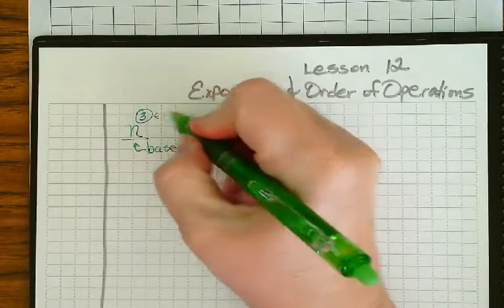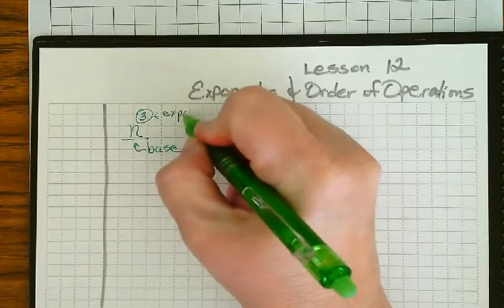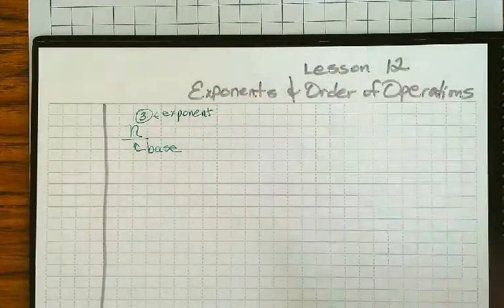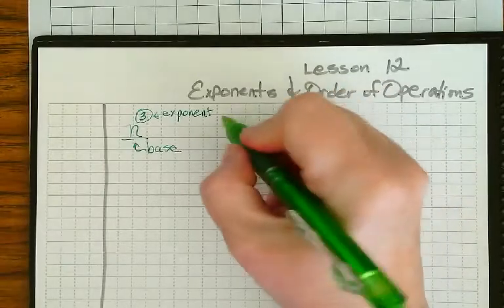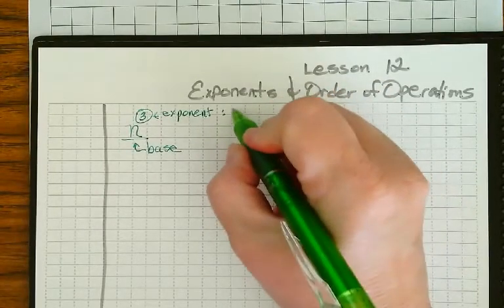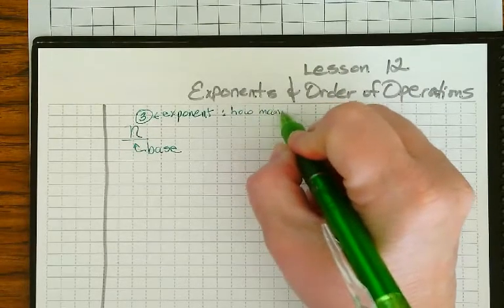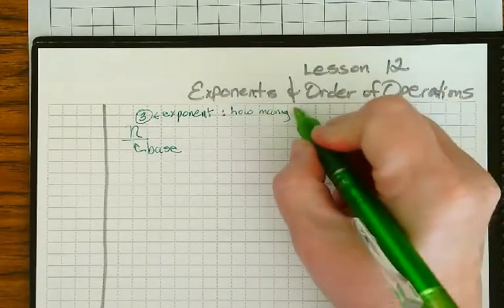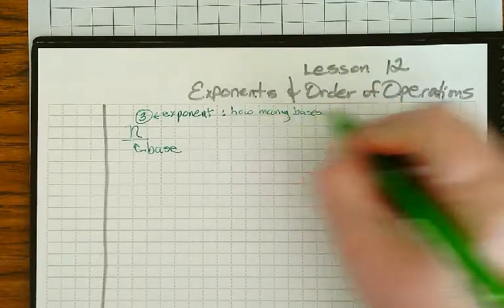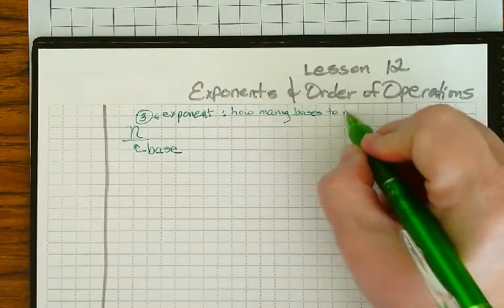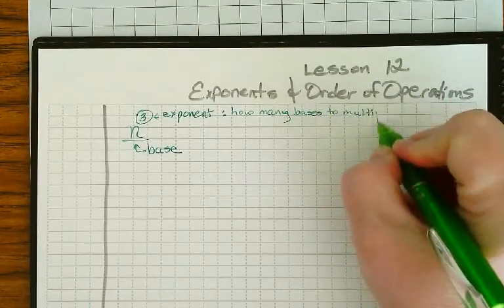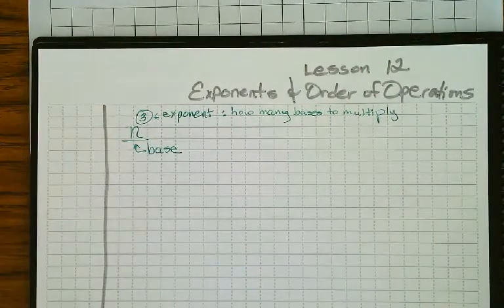And this is called the exponent. The exponent tells you how many bases to multiply. How many bases you multiply.